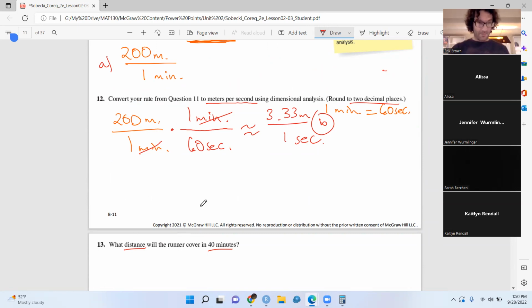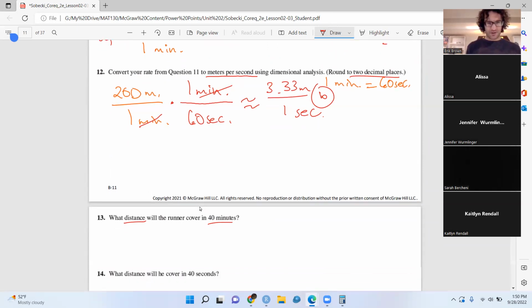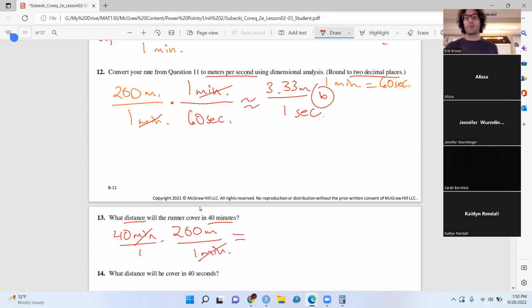If I'm using 40 minutes, I'm going to want to use the meters per minute rate to do this calculation. So I can multiply this using dimensional analysis, and I can see that the minutes cancel and we're just left with a total of meters. So how do you feel about 8,000 meters as the distance?